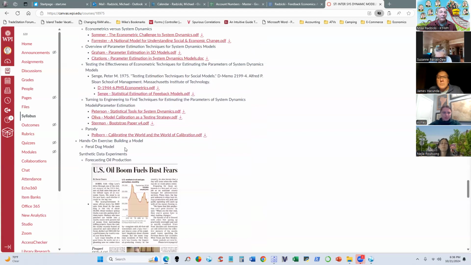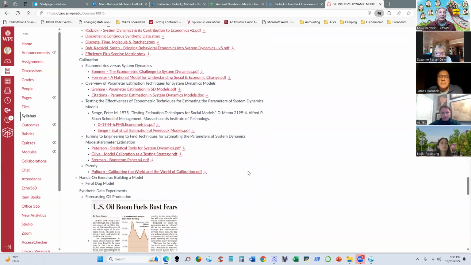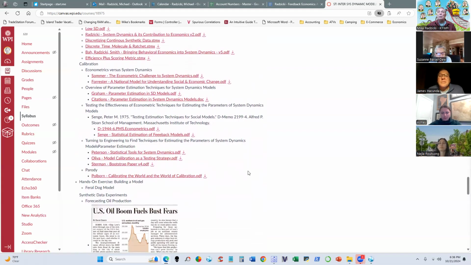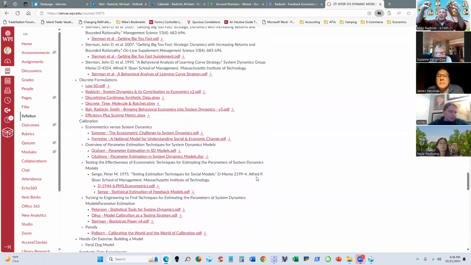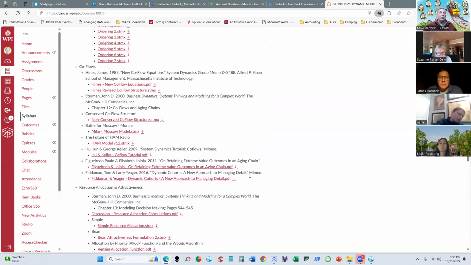And actually, I needed to put another thing. What I'm going to do is move calibration down. And I think in place of calibration here, we'll put diffusion models. The diffusion models will blend perfectly with the feral dog model. So you'll see how, and then we'll start using these generic structures and molecules to build a model. Okay, so that's where we're heading.